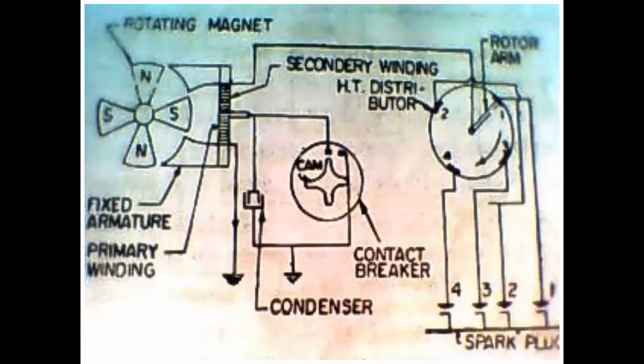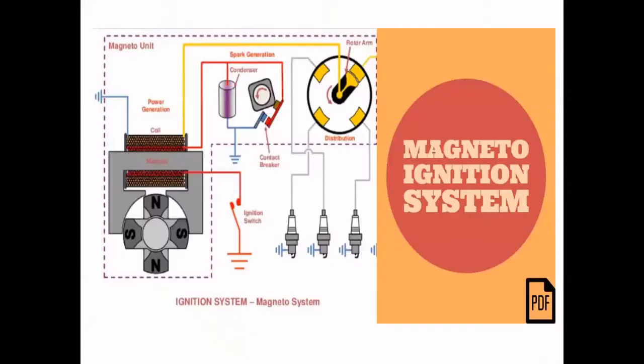Now we can see the different components used in magneto ignition system and their functions. You can see the figure. First have a glance at the figure for 2 minutes, then I will explain what components are present in the system, and how this system works. This is the simple diagram.